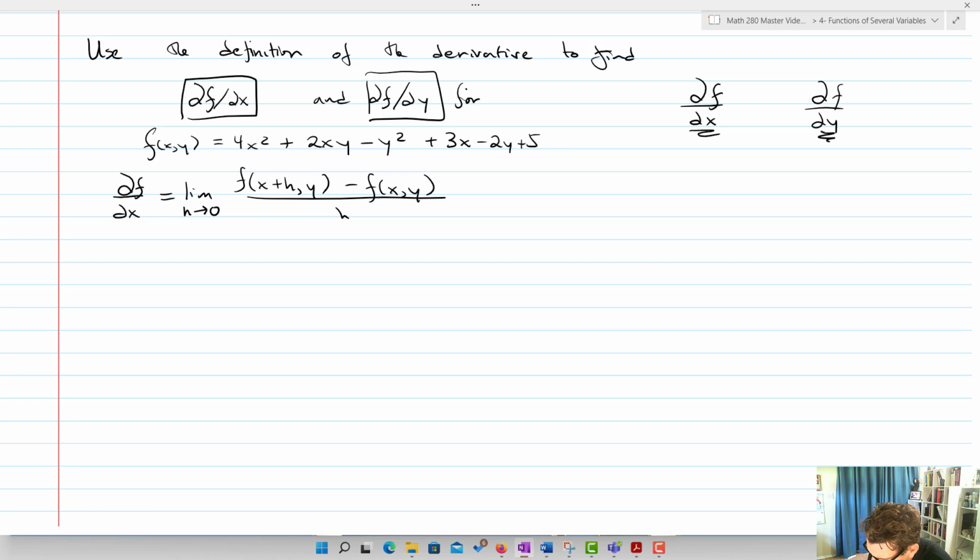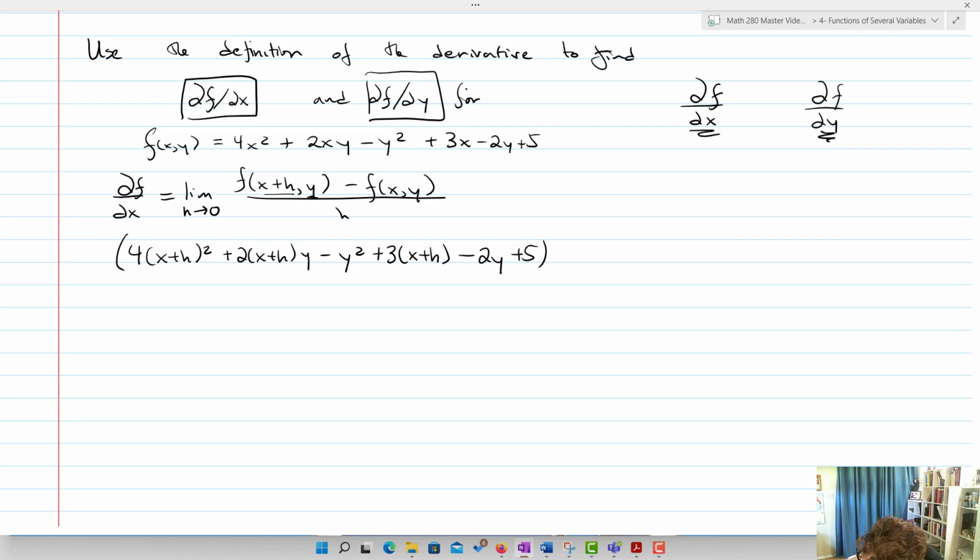So everywhere I have an x, I'm going to plug in x plus h, so I get 4 times (x plus h) squared plus 2 times (x plus h) y minus y squared. And notice with the y's, I'm just going to plug in y, so it just stays y minus y squared plus 3 times (x plus h) minus 2y plus 5.